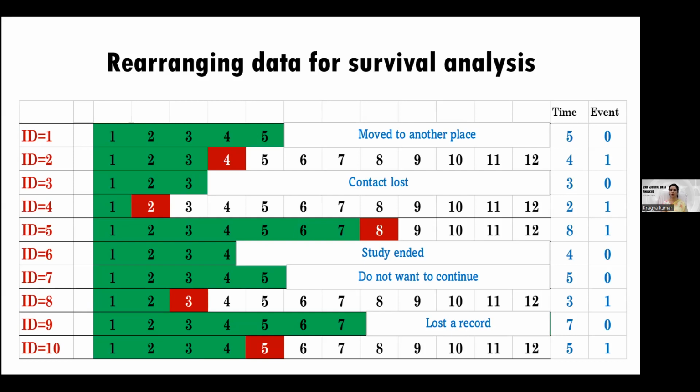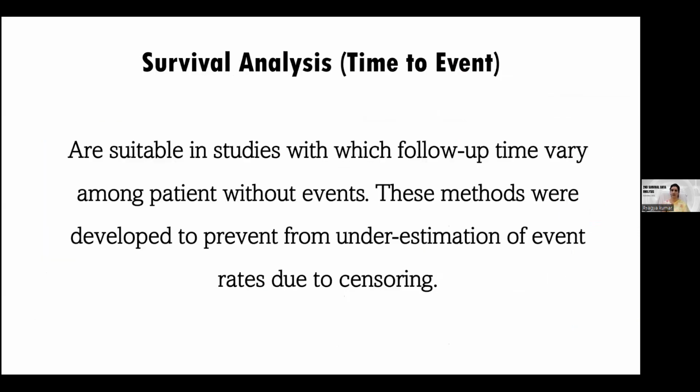So now, if you have to rearrange the data, it will be like 5 months but the event has not happened, 4 months but the event has not happened, 3 months and the event has happened, 2 months and an event has happened. So you have to rearrange the data in such a form to perform a survival analysis.